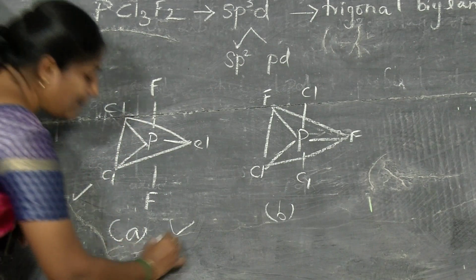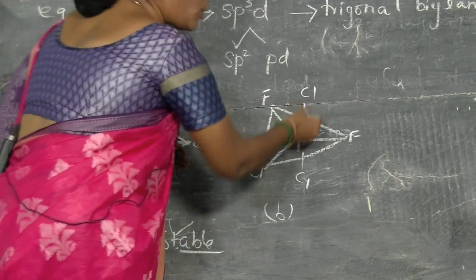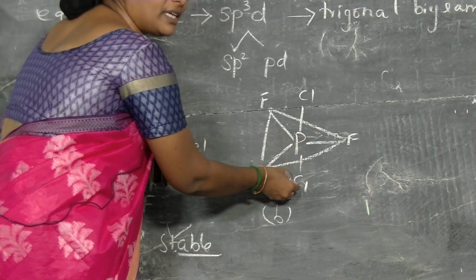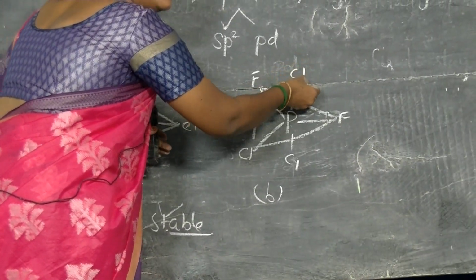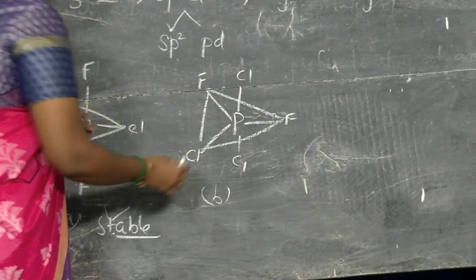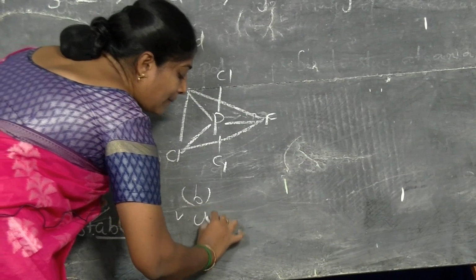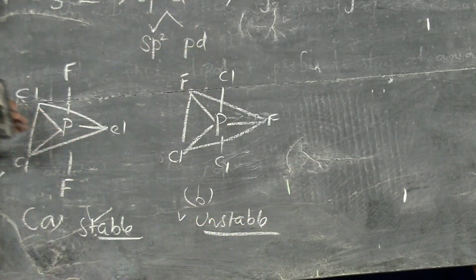If the less electronegative element, chlorine, is placed in this position, then this molecule will become unstable.